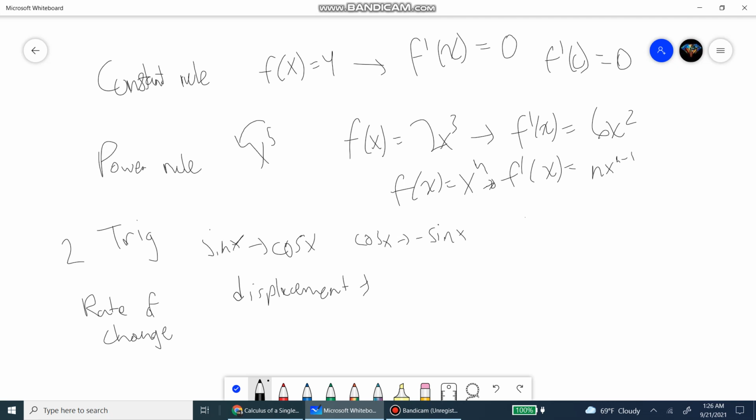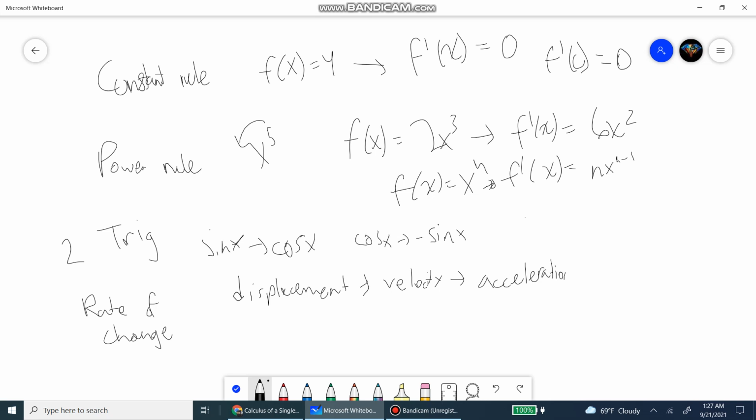Let's say you want to figure out not only that you went 4 meters, but how fast you're going at a certain instant. Well, the derivative of displacement is velocity. And then, let's say you want to know how fast your velocity is changing, your acceleration when you start from rest to whatever speed. The derivative of velocity would be acceleration.